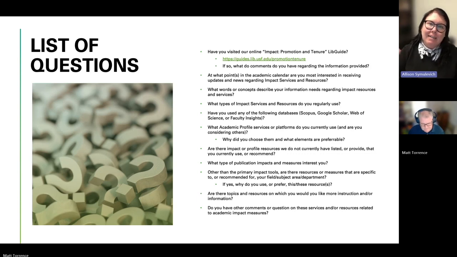Because you say impact metrics broadly, but we wanted to be a little bit more targeted and make sure that they had looked at the guide ahead of time to see if we were meeting their needs, to get the most out of the focus groups that we could. And definitely telling them too, as you were saying, that the questions were there to make them more comfortable, to know what they'd expect, not that it was going to be homework.